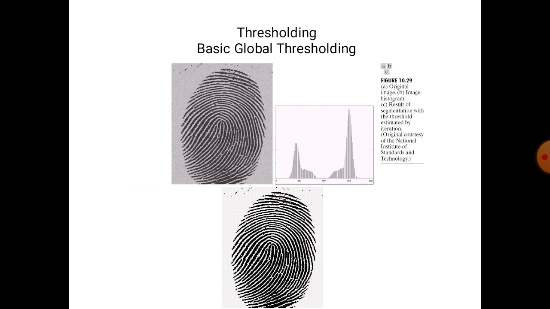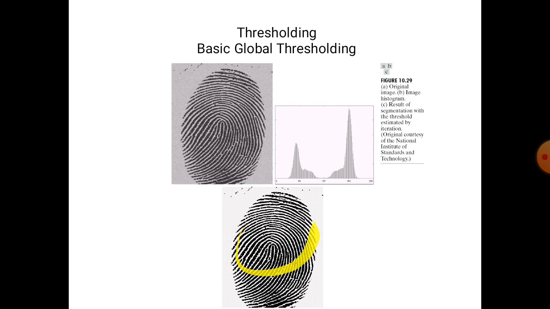This figure shows an example of segmentation based on the threshold estimated using the preceding algorithm. This figure is the original image and this is the image histogram showing the distinct modes. Application of the preceding iterative algorithm resulted in the threshold T equal to 125.4 after three iterations, starting with T equal to M, the average image intensity, and using delta T equal to 0.